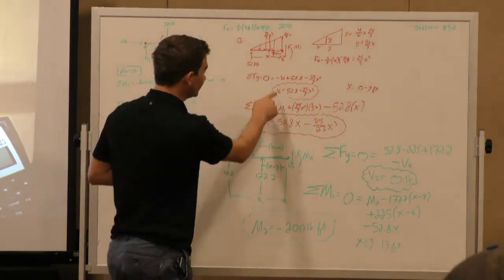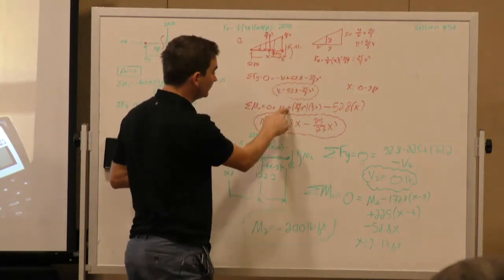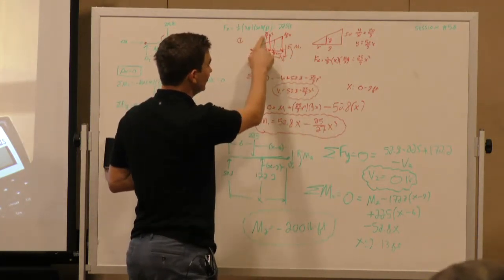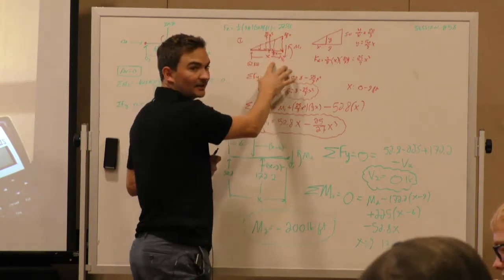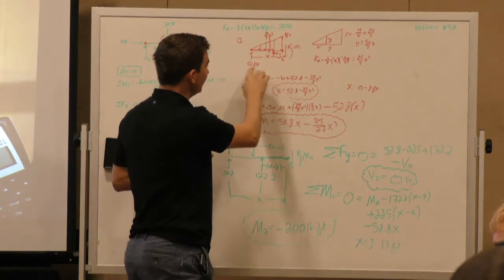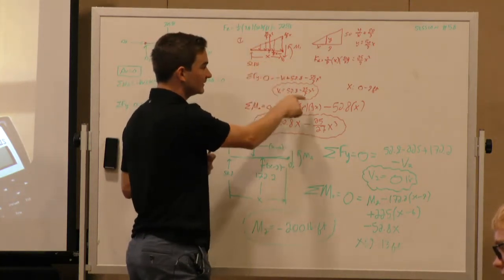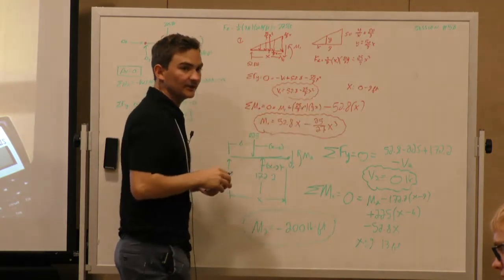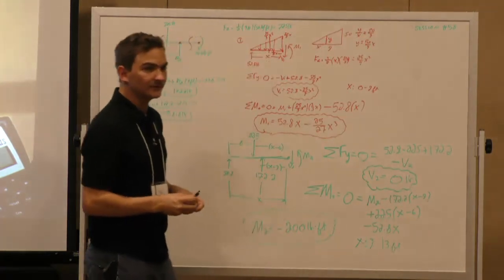And then for the moments, we have M1. We're taking it about the cut point. We have a positive M1. And then we have this distributed load, the force of 25 over 9 x squared, multiplied by its distance, 1/3 x. And then lastly, we have this negative 52.8 times x. And that's how we got that equation. And we did the same thing for this one, except it worked out to negative 200.